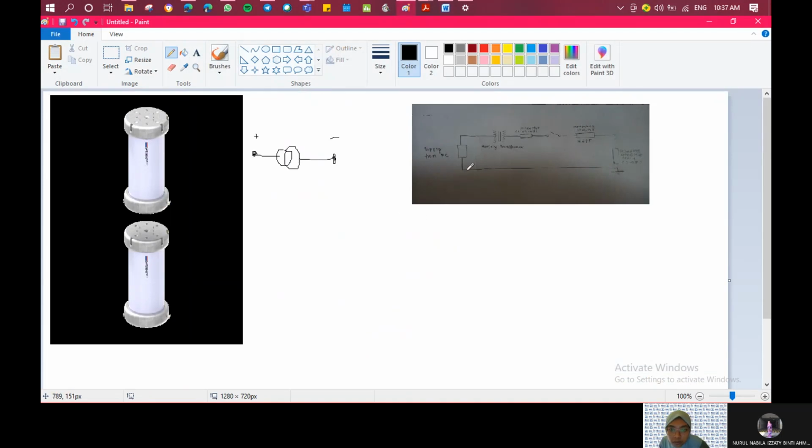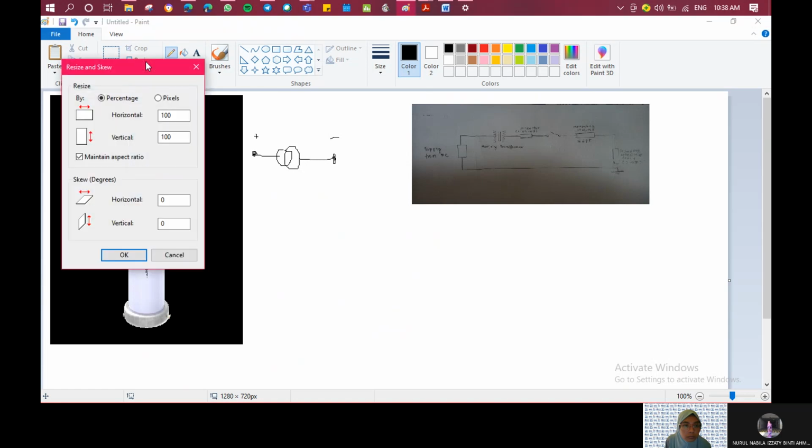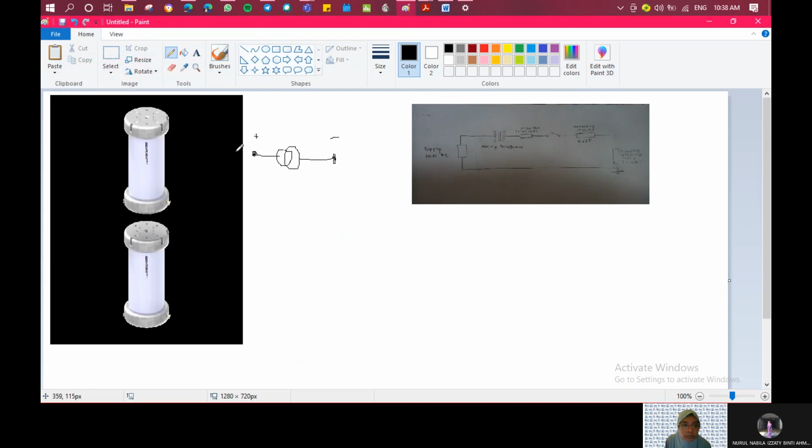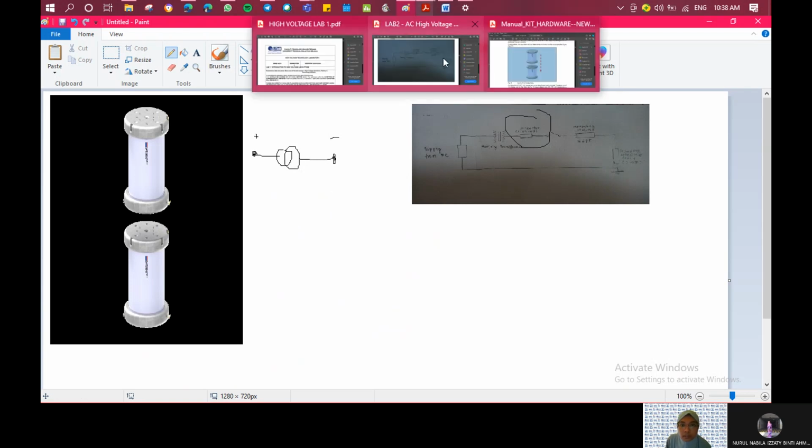Next is, I can't really see it. So this one, this is a conductor. We have a few conductors that we use, which are capacitors, resistors.